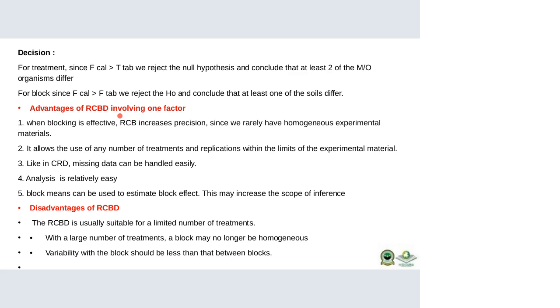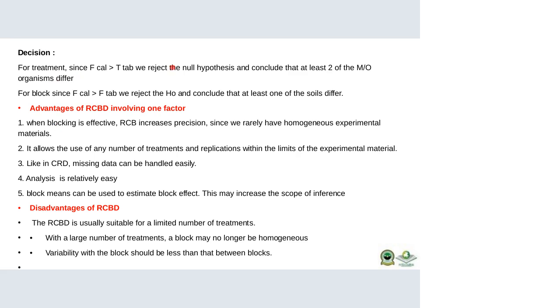Now, one advantage of using RCBD is that when blocking is effective, RCBD increases what? Precision. Increases precision. You can rely on the experiment, since we rarely have homogeneous experimental material.